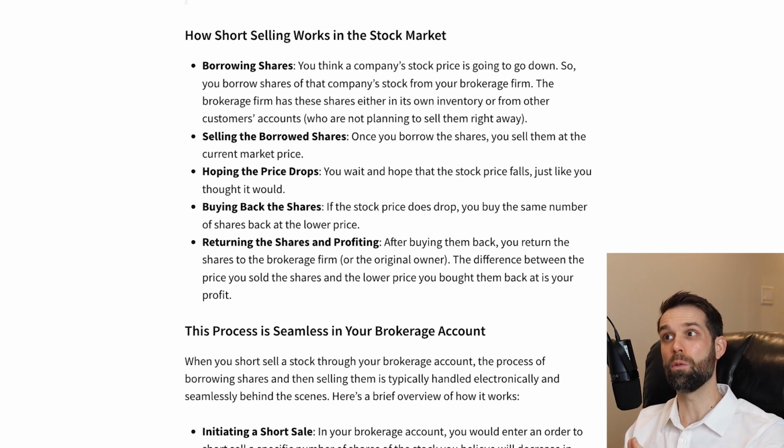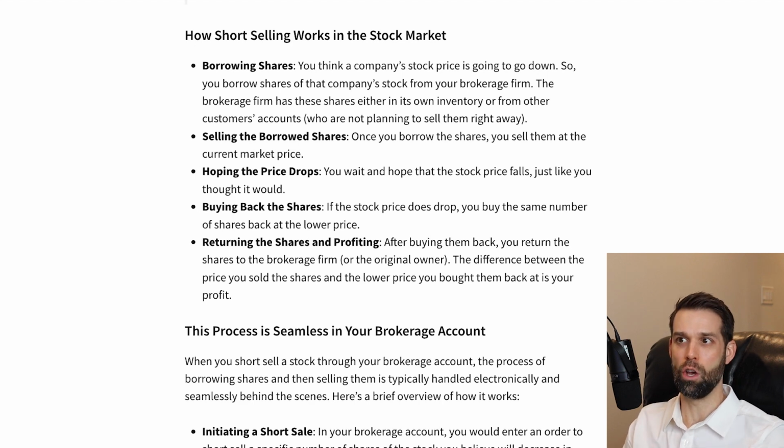Once you borrow the shares, you sell them at the current market price, and then you wait for the stock price to fall. If the stock price does fall, you buy the same number of shares back at a lower price. After buying them back, you return the shares to the brokerage firm, to the original owner. The difference between the price you sold the shares at and the lower price that you bought them back at is your profit.